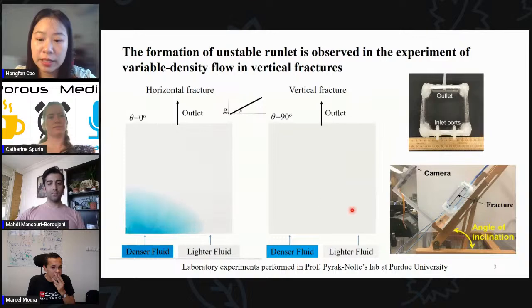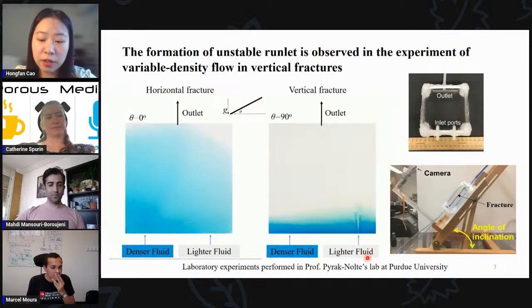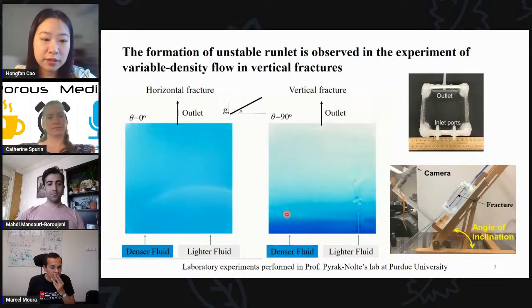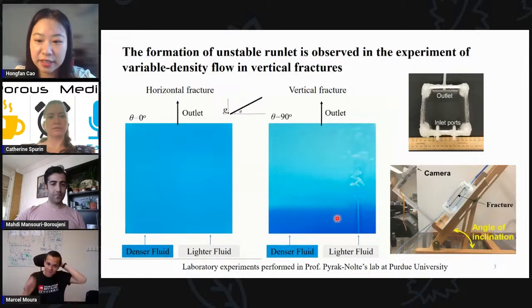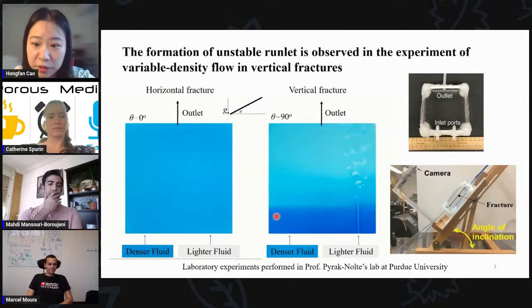And what I'm showing here from this video is actually about to reach the steady state. So the interface of the dark and dark blue won't move up forever. You can see from the later stage, the interface moves up very, very slowly. It's almost not moving. Okay, thank you.